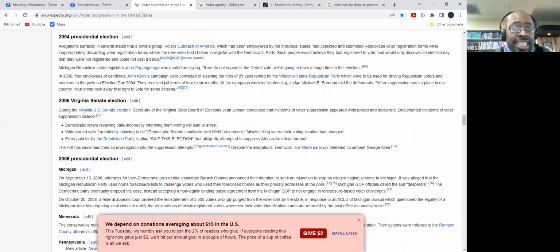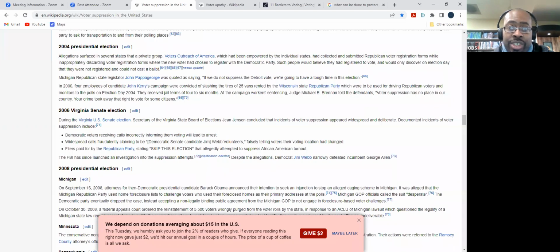In 2006, 4 employees of candidate John Kerry's campaign were convicted of slashing the tires of 25 vans rented by the Wisconsin State Republican Party, which were used for driving Republican voters and marchers to the polls on election day in 2004.